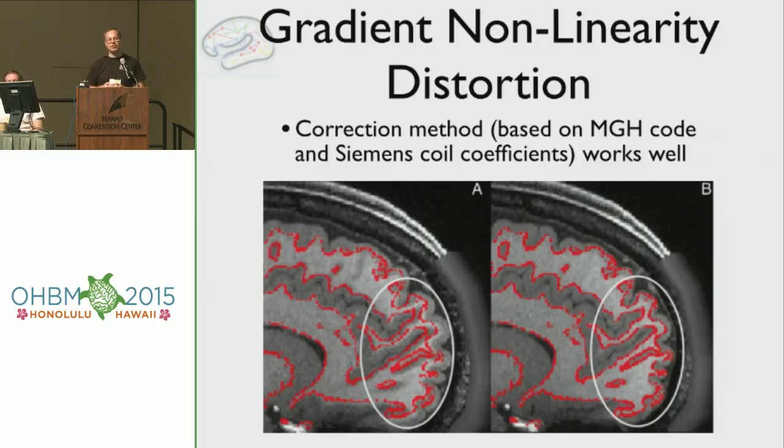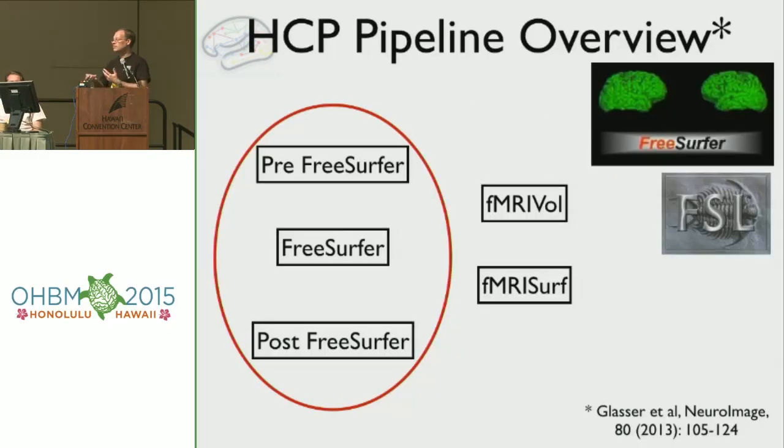We discovered in the HCP that that scanner particularly compromised on gradient nonlinearity versus other aspects of the design of the hardware, so it actually has a much stronger gradient nonlinearity than most scanners. And we had to do extra effort to make sure that that was correctly taken into account across all the different modalities. And so there are some steps there which would be somewhat unfamiliar based on everything else that we've been talking about.